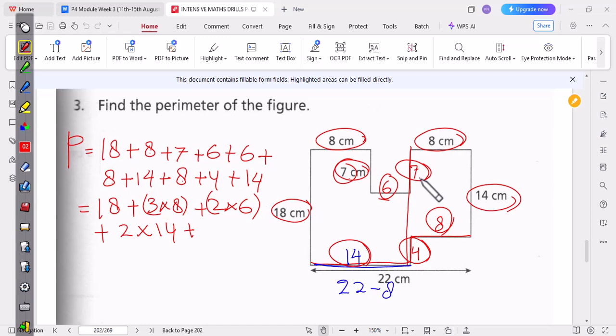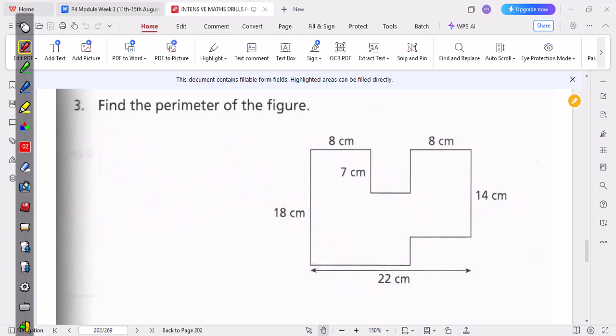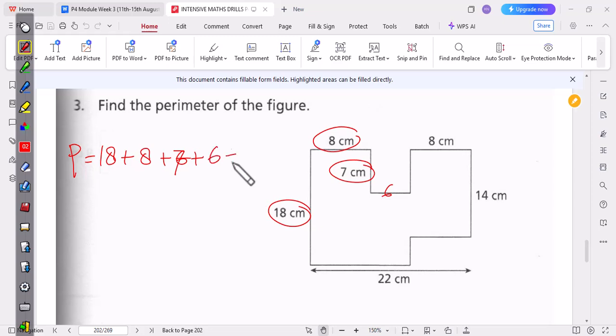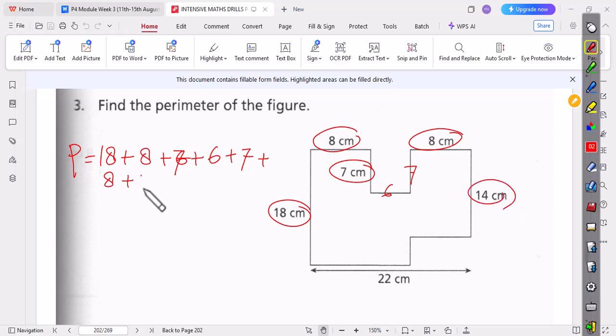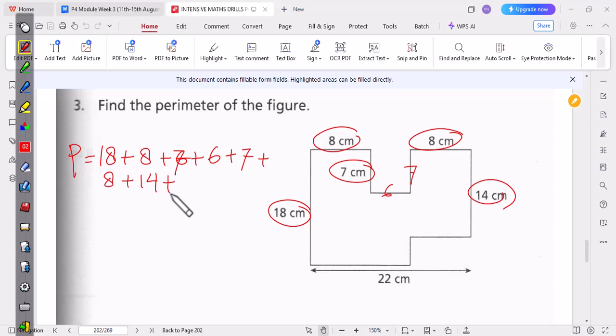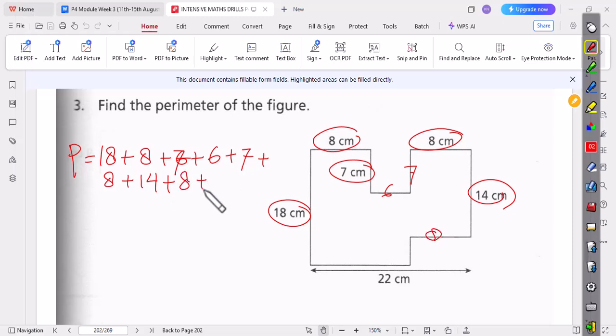Okay, maybe we can recalculate again. The perimeter, start from here: 18 plus 8 plus 7, 7 plus this one before, 8, plus 7 plus 8 plus 14, plus 8 here, plus 4 plus 14, this one.